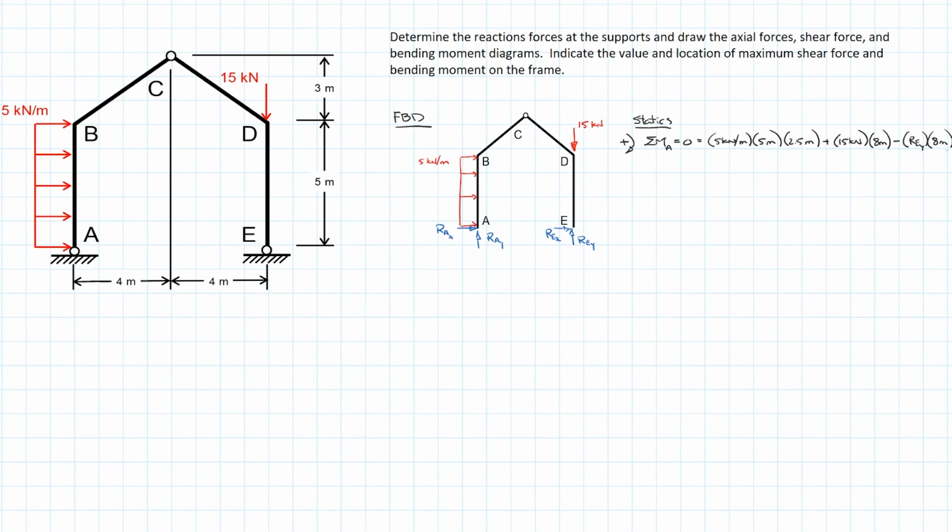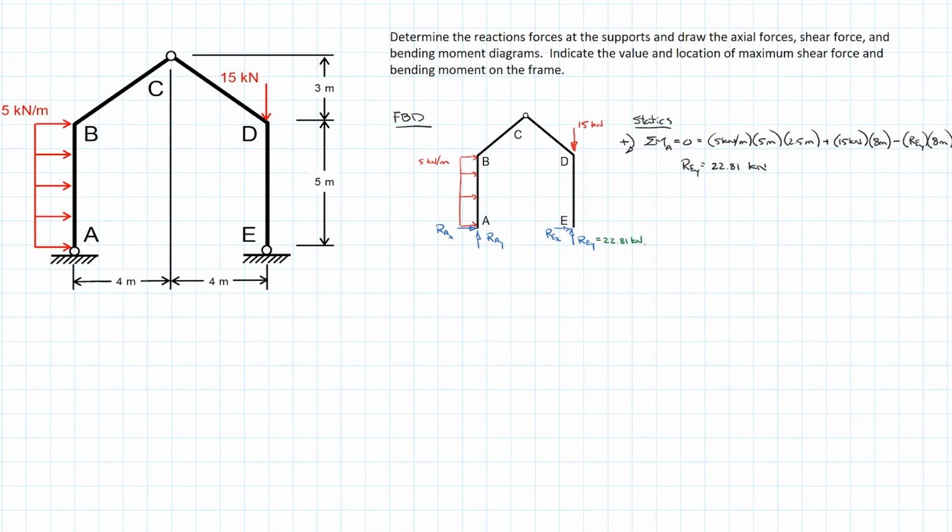And so we're able to look at this and solve that. So reaction EY is equal to 22.81 kilonewtons. And draw that in there.